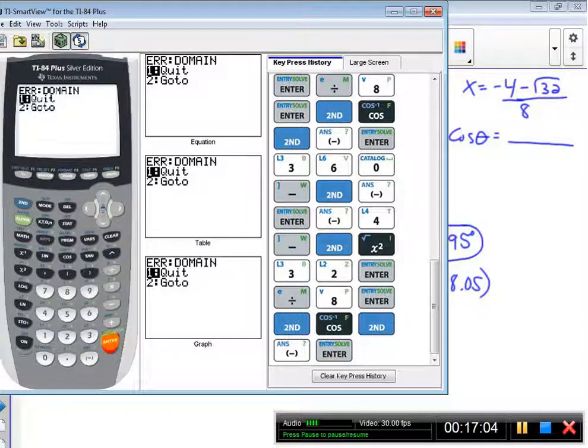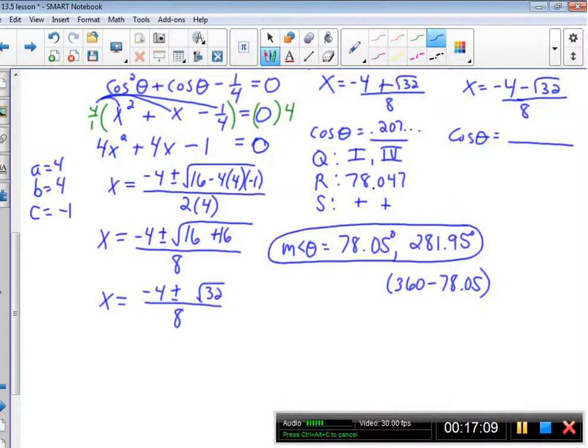That's the range. And so this is one of those ones that we can say this side was -1.207, which just didn't work out. It was not going to give us a solution, so we have our answers, 78.05 and 281.95.